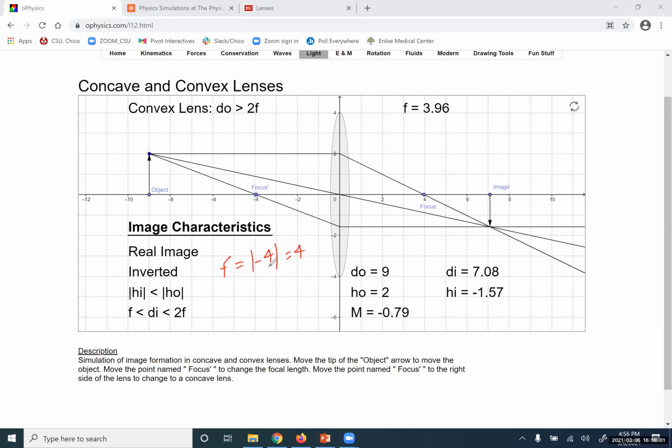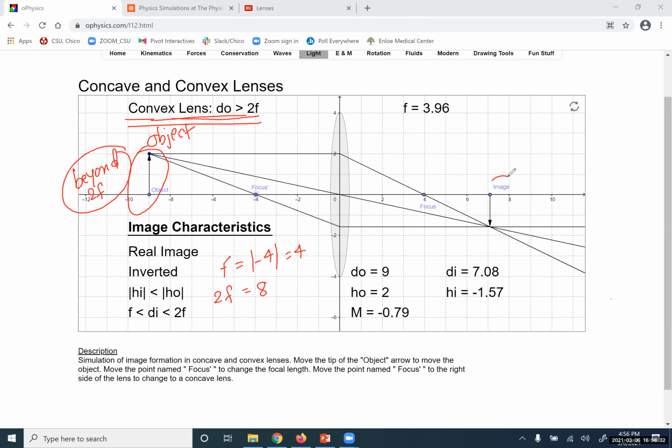The focus is basically 4, so your twice f is basically 8. If this real object is beyond twice f, then for the case of a convex lens, an image will be formed.